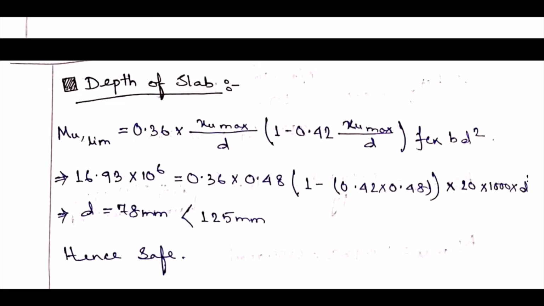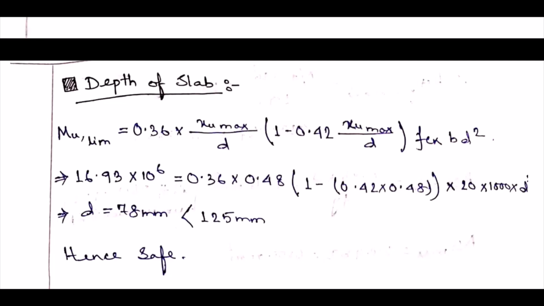This is 0.48 for 415 grade steel, within bracket 1 minus 0.42 into 0.48, that is the 0.48 is the value of xu max by d for 415 grade steel, bracket close into fck, that is 20, and b is 1000 because slab is designed as 1000 mm width of beam, into d.